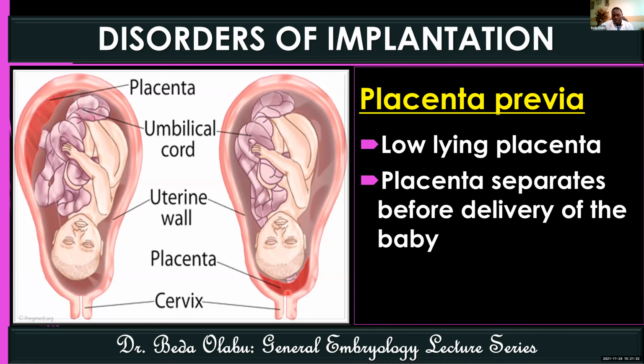What's the danger of that? First of all, there'll be a lot of bleeding from that site of separation, even before the baby is born, and that is what we call antepartum hemorrhage, bleeding before delivery of the baby. Other than that, if you separate the placenta before the baby comes out, it means that you're actually cutting off oxygen supply to the baby.